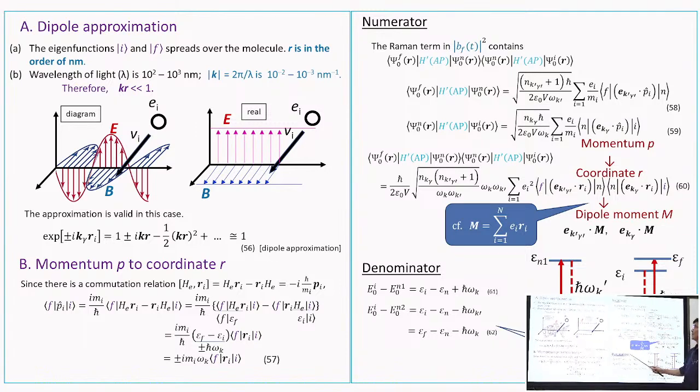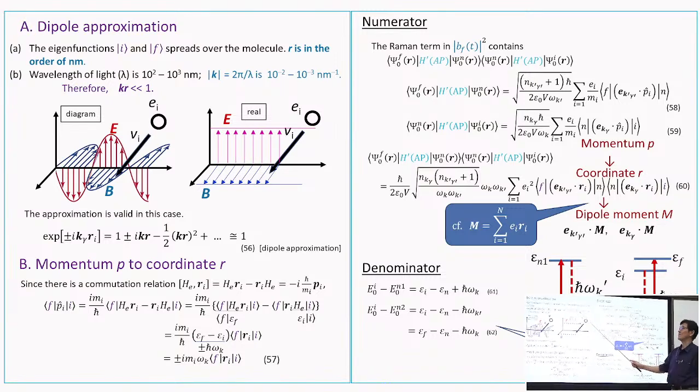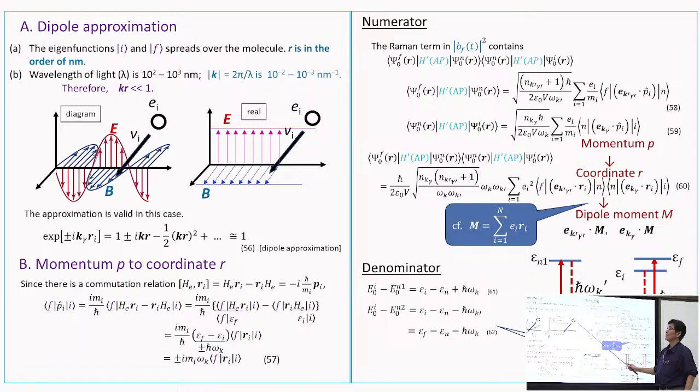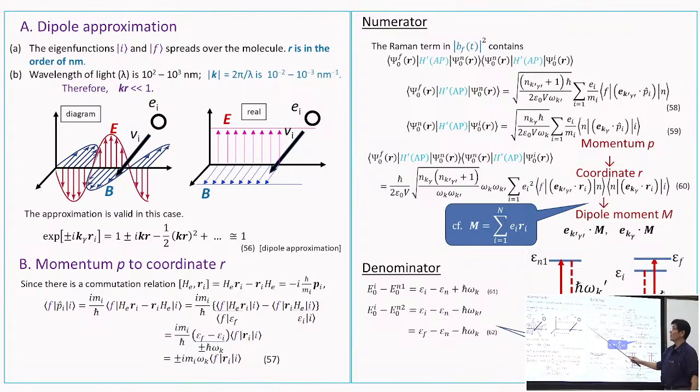Okay, so here is a figure. Yesterday I explained the electromagnetic field. The molecule passes by and force occurs. But when we consider reality, we should think about this figure.